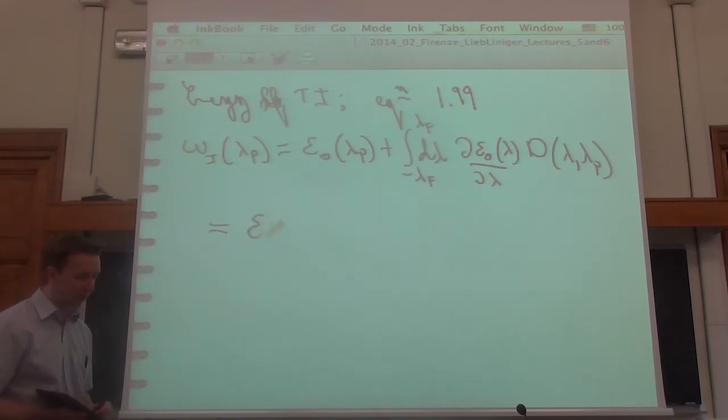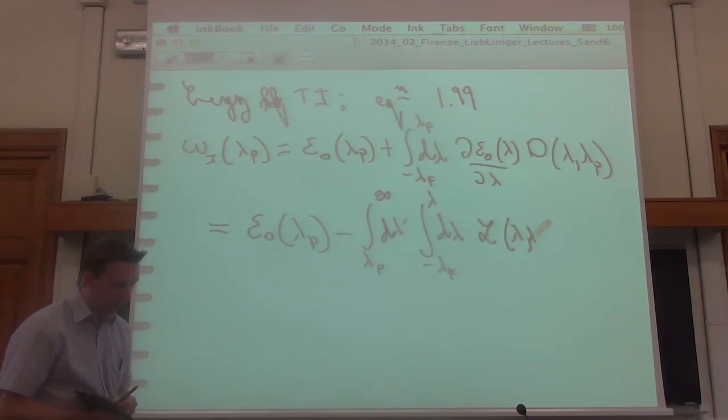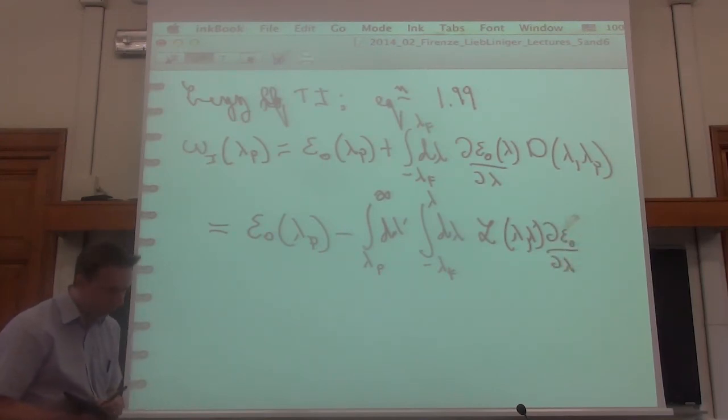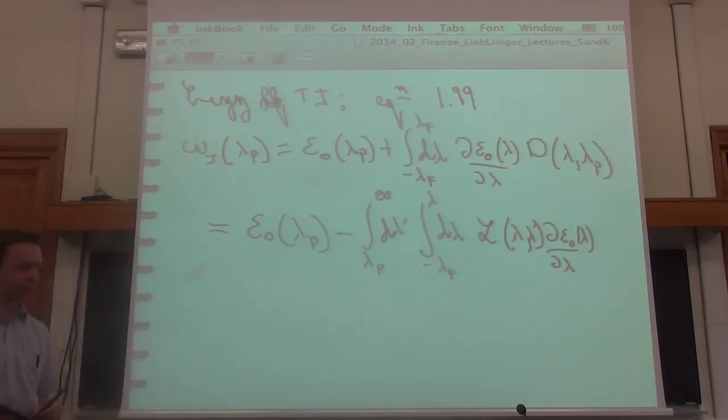So this is epsilon 0 of lambda p. And now that we have our explicit solution here, it becomes minus the integral from lambda p to infinity, d lambda prime, integral minus lambda f to lambda f d lambda of our L lambda prime times d epsilon 0 d lambda, at lambda. Okay, that's fine.